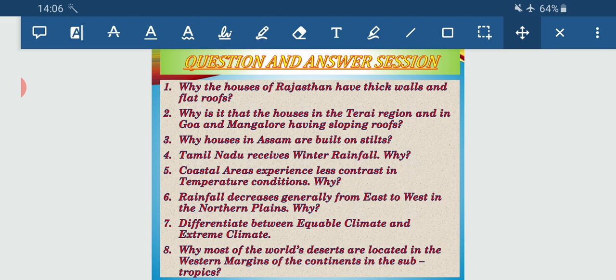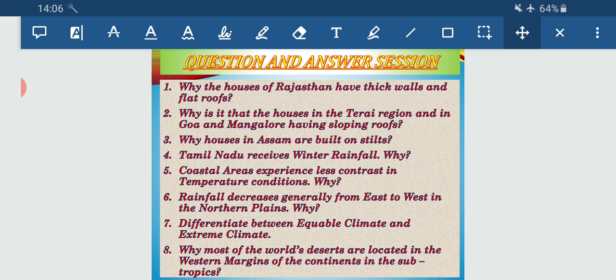And the last question: why are most of the world's deserts located in the western margins of the continents in the subtropical zone? This question I have already explained in the doubt clearing class, the first live class.